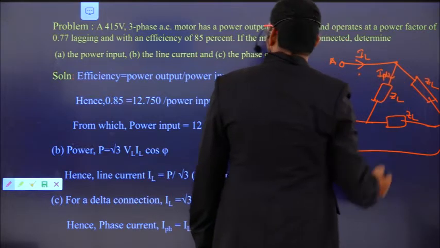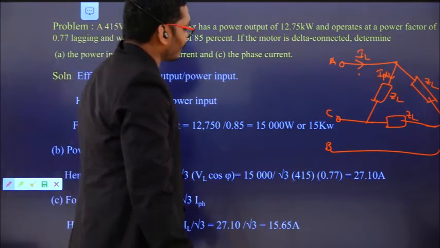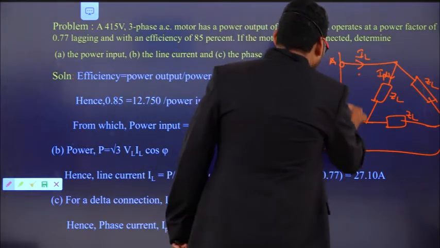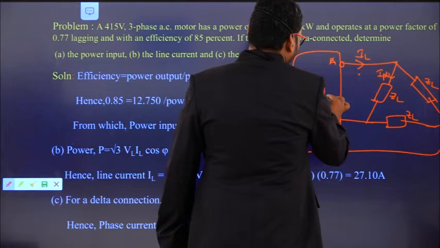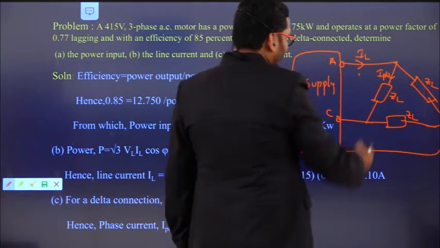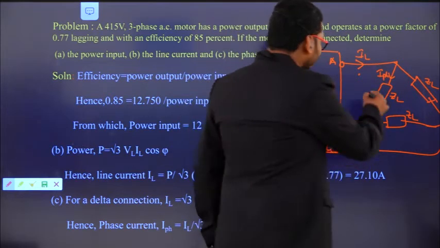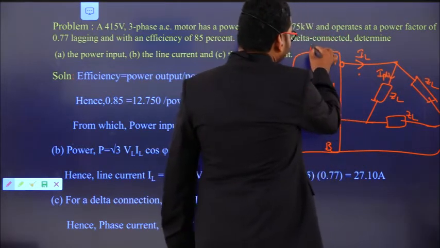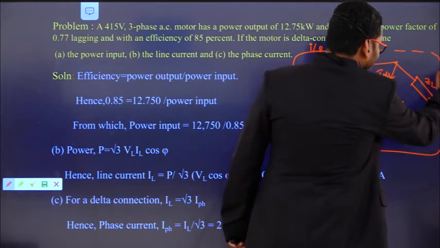He is asking for the power input, meaning how much power is transferred to this load. This is the input, and this load is the output.